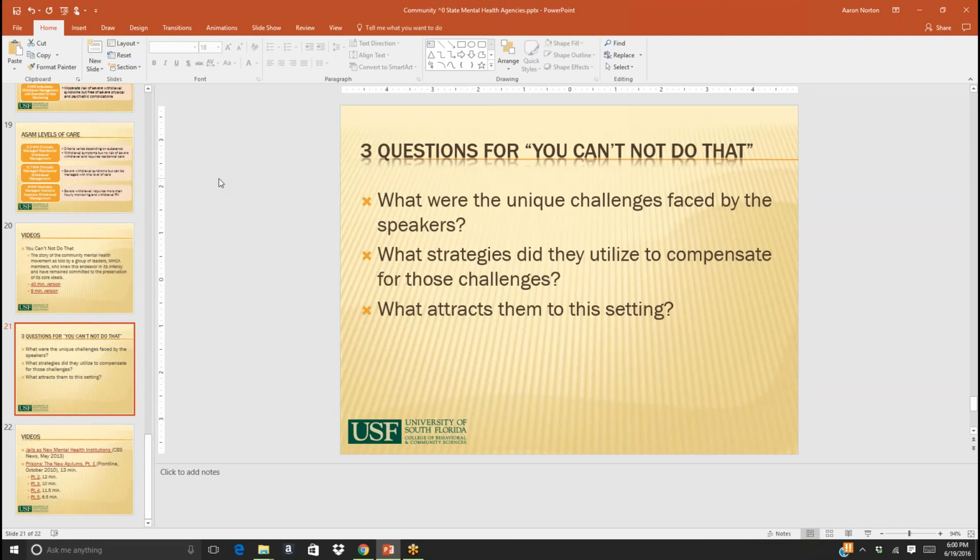So my hope is that what you've gotten from this module and from this lecture is a brief understanding of what are some of the different community settings that I can work in as a counselor, what are some of the different levels of care I can work in, what's the significance of the community mental health centers, what's the history of the psychiatric hospitals, where we're coming from and the problems that we sought to remedy through the community mental health centers, how we were able to get the community mental health centers when we got them, and what might be some of the unique challenges and difficulties to deal with working for community mental health centers, and in part, how could administratively some of these drawbacks be compensated with, or what strategies can we use to compensate for these drawbacks.